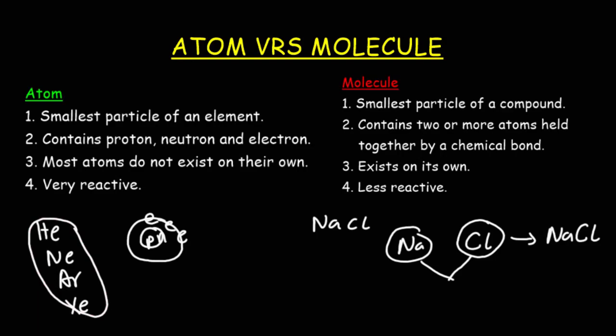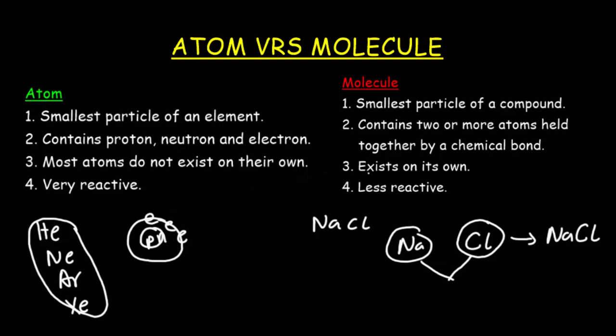They are found in group 8. These are the only ones that can exist on their own because they are stable. They don't need to give electron or even accept electron. Unlike other atoms, they are not stable, so they have to accept an electron or donate an electron so that they can exist.